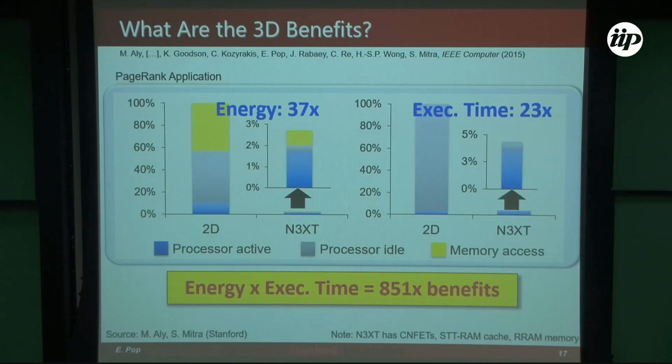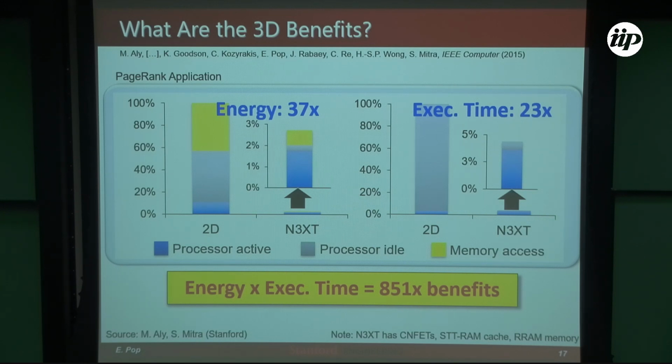Okay. This is, again, a slide I borrowed from Professor Mitra at Stanford. These are, again, his calculations. This is running the Google PageRank application, and he basically shows that if you use a conventional 2D processor today versus this next type of processor, which of course has not been built, but it can be simulated, the improvement is not a factor of 1,000x to be precise, but he says the improvement is a factor of 851x.